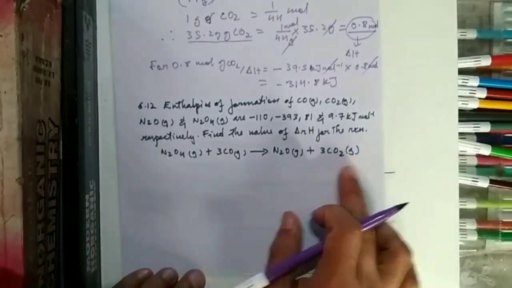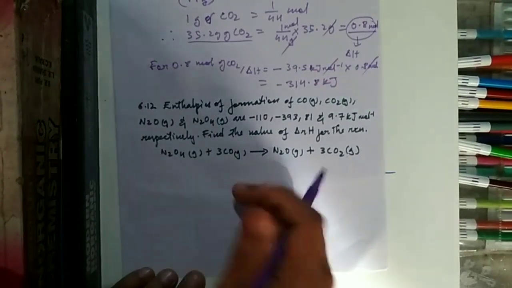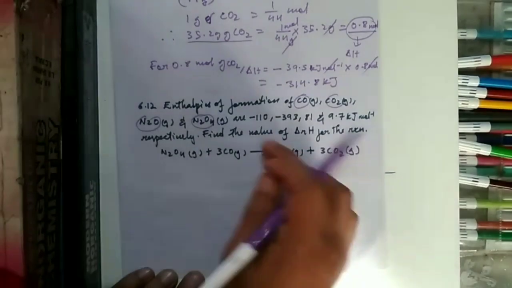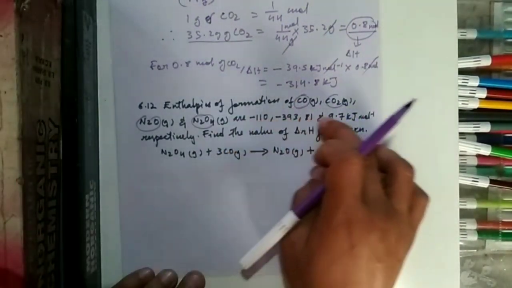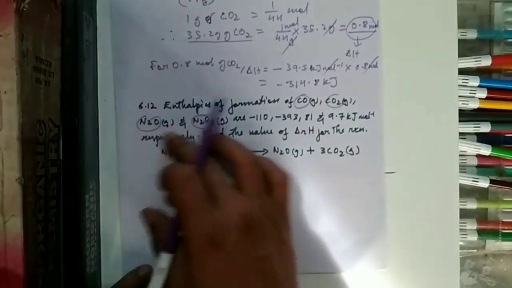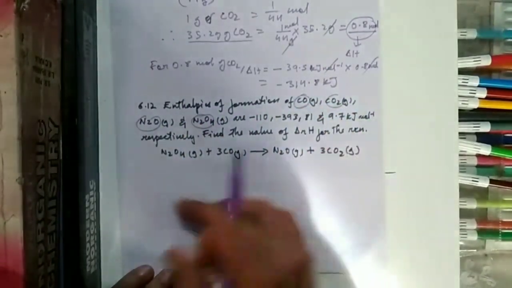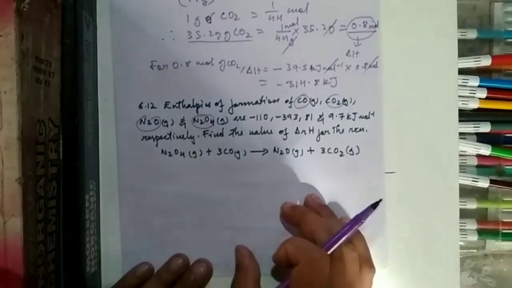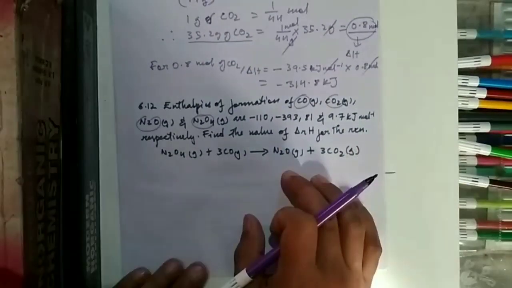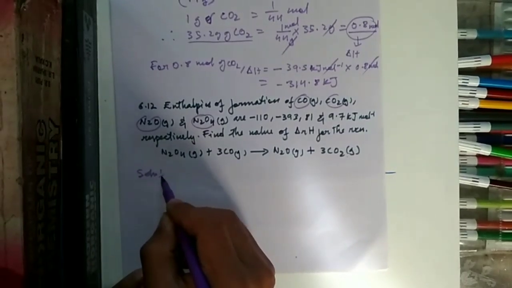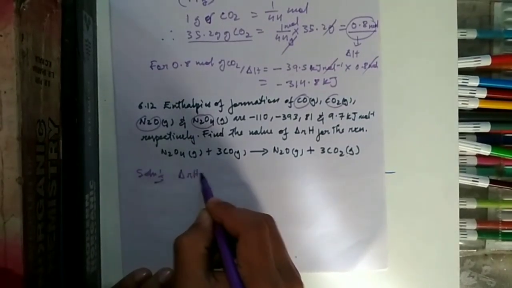So the enthalpies of formation of CO2, N2O and N2O4 are all given. So we have to find the enthalpy for this reaction. This enthalpy is given by delta rH.